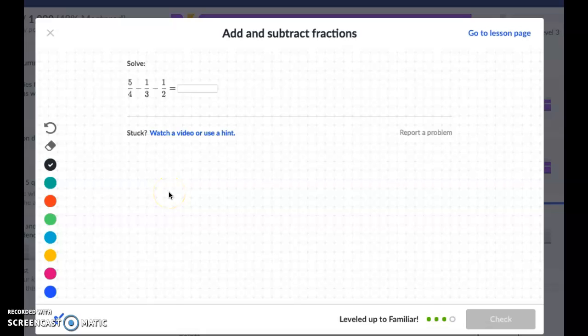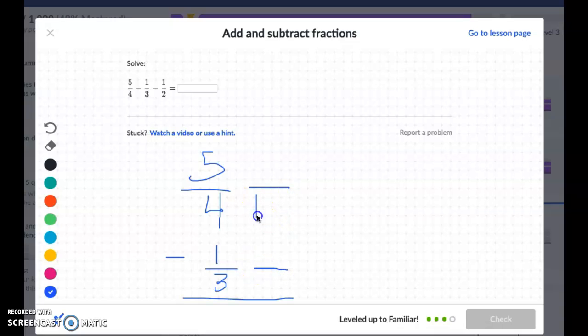5/4 take away 1/3, take away 1/2. In this case, I'm just going to break it down into 2 separate problems. So 5/4 take away 1/3. I cannot change my lower number into my bigger number, so I'm going to multiply the 2 together and make them both denominators of 12, since 4 times 3 is 12.